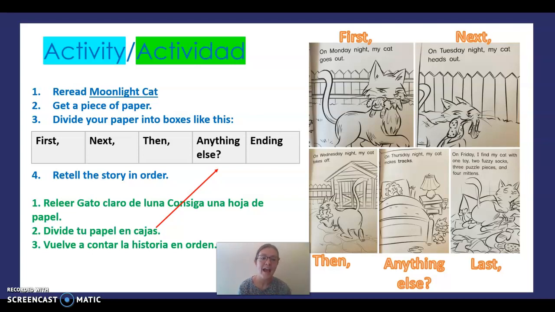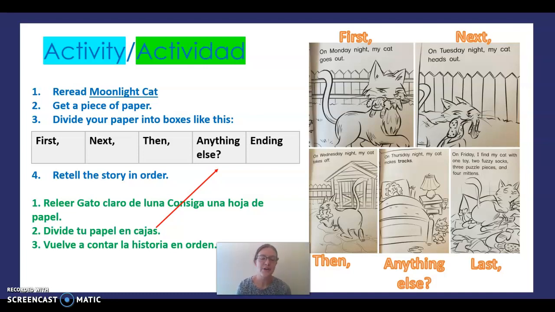And after that, on Thursday, the cat made tracks with Dad's mittens. And then last, on Friday, she found the cat with all the stuff, with one toy, 2 fuzzy socks, 3 puzzle pieces, and 4 mittens. So we retold the story using our sequencing words from beginning to end, so everyone would be able to understand. Even if they didn't read the book, they would still know what happened in that book.